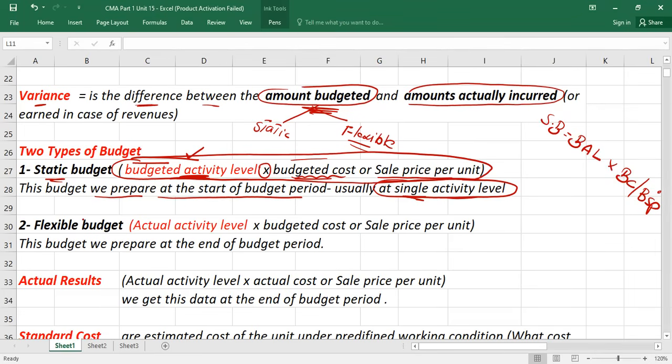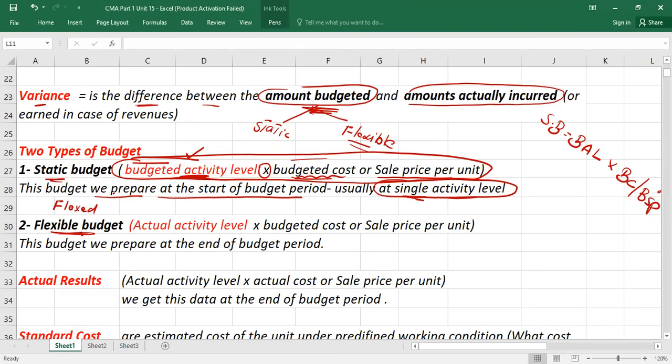Then we have the flexible budget. In British-based studies, flexible budget is a slightly different concept, but please remember, the budget I'm going to explain now is called a flexed budget in the British syllabus, not flexible.